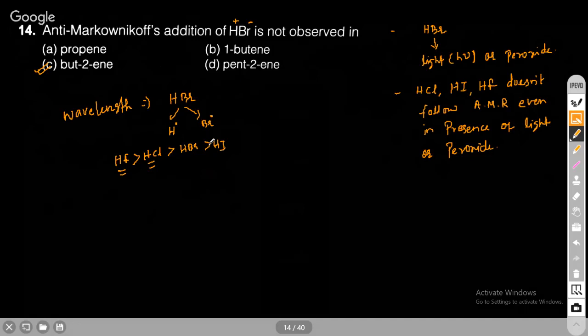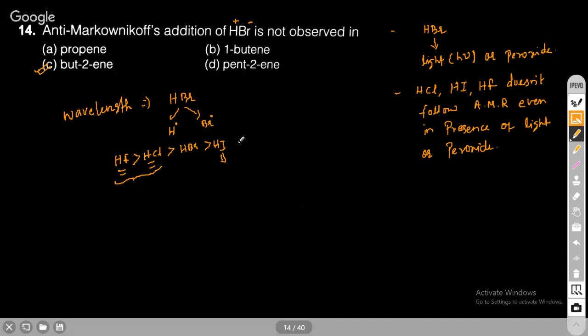Okay, fine. Just write it down. First of all, the bond strength of HF and HCl is strong enough that they won't dissociate in presence of light. Correct? That's why these two do not show anti-Markovnikov addition. For HI, the bond strength is weaker than HBr, so it will dissociate into radicals, right?